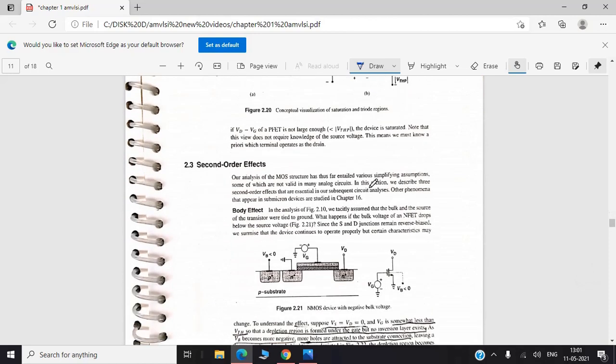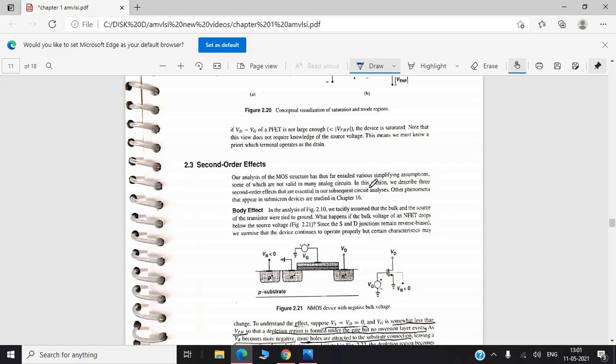Next, second order effects. You have already studied the second order effects in your previous FCMOS, so we'll just brush it up now.